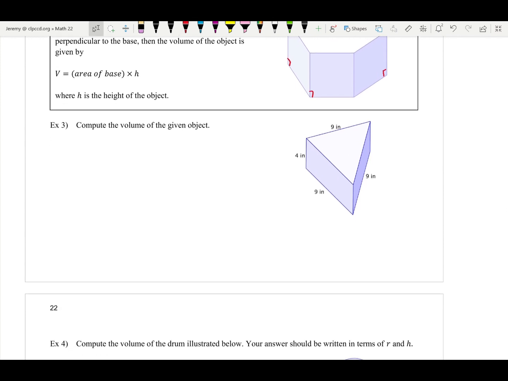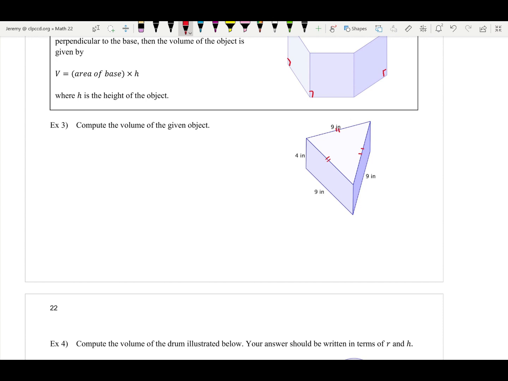So looking at example 3, we have this kind of triangular shape that has been stretched through space, and we're given the dimensions. This is a 9 by 9 by 9 triangle. So this is a special type of triangle. I don't know if you remember what we call it when all three sides are congruent.